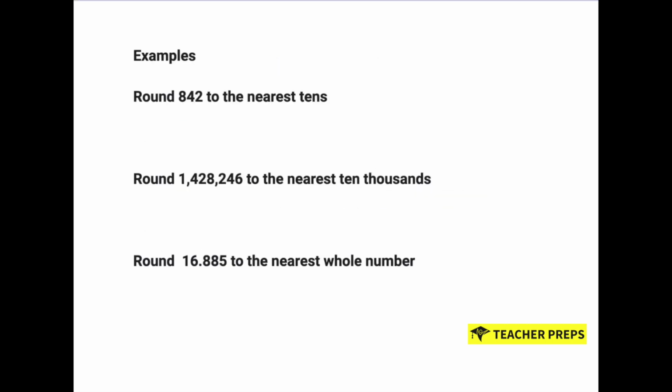Let's go through a few examples together. This first one says to round 842 to the nearest tens. What digit is in the tens position? The 4 is. So now we need to look behind the 4, and we see that the digit behind the 4 is 4 or less. Since it's 4 or less, our number that we underlined stays the same.